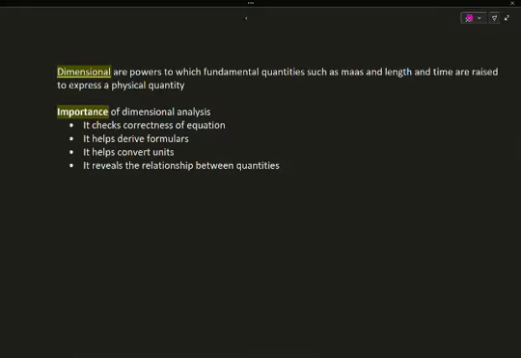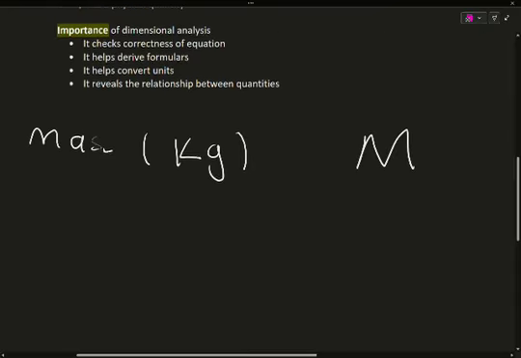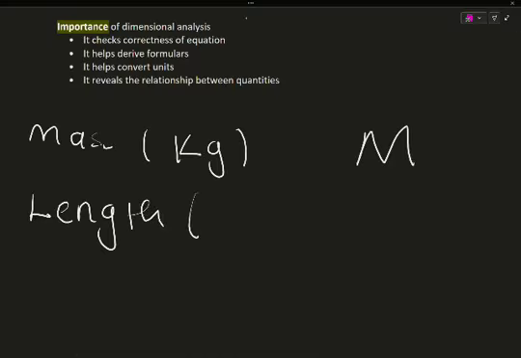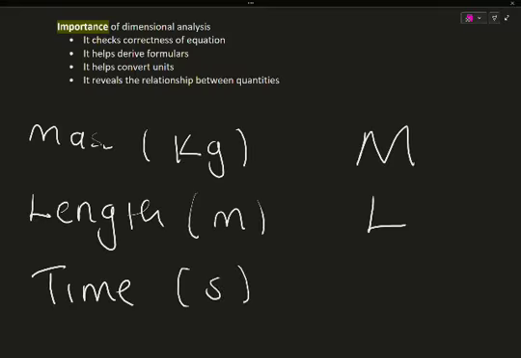The first one, we have mass, whose unit is kg and is represented by the dimensional representation of capital letter M. We also have length, whose unit is m, which is meters, and is represented by the dimensional representation of L. And lastly, we also have time, whose unit is seconds and is represented by the dimension capital letter T.